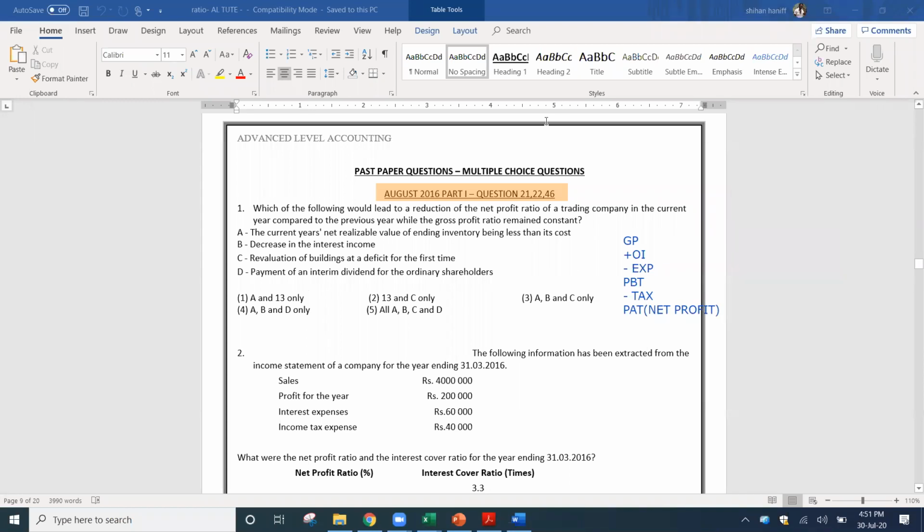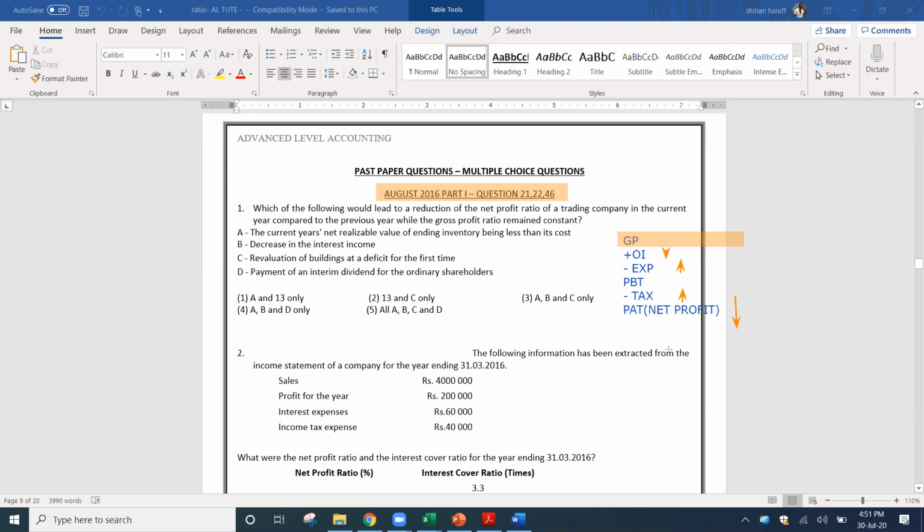So here what they are saying is gross profit didn't change. No change in the gross profit. But the net profit has reduced. Why does the net profit reduce? Net profit reduces if other income reduced, or else expenses may be increased, or tax may be increased.